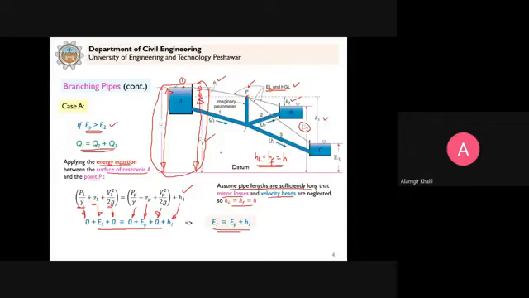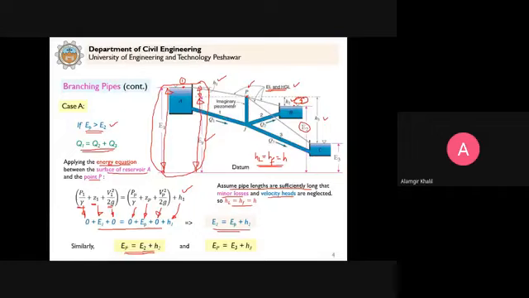Similarly, if we apply the energy equation between point P and we consider another point, let's say point 2 here, what will we get? We will get EP equal to E2 plus H2.